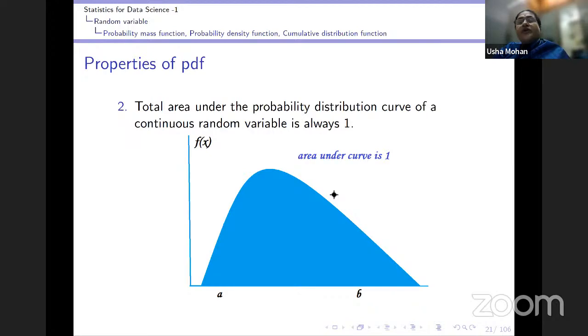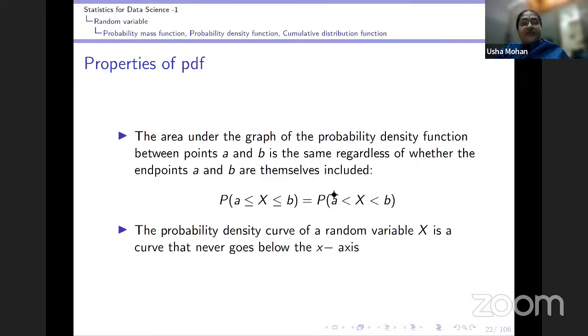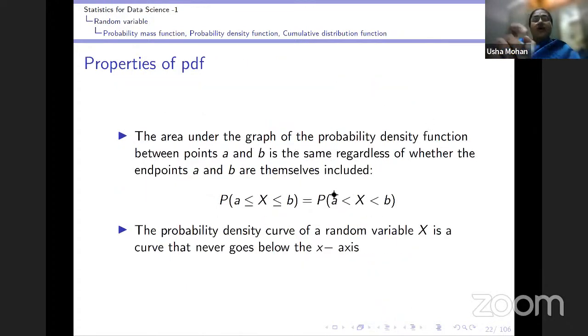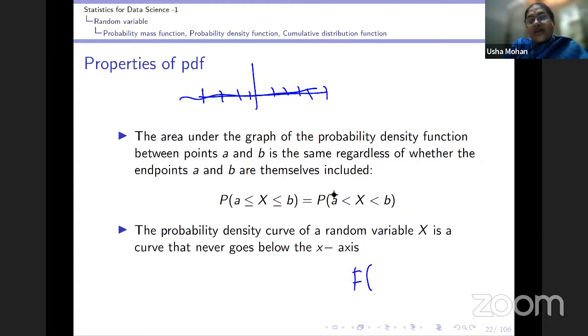The next important notion is that of a cumulative distribution function. Now, when I have a cumulative distribution function, what it means is I am mapping every value on the real line. So the way I define F of a is probability x is less than or equal to a.